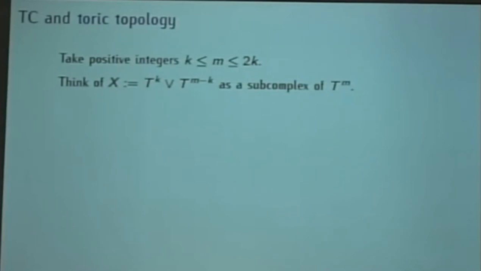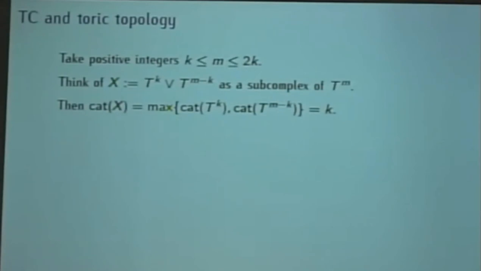Think of the wedge sum of two tori sitting inside T^m. So I have k coordinates, the first k coordinates and the last m minus k coordinates. This sits very naturally inside T^m. Well, the category of this space is very simple.